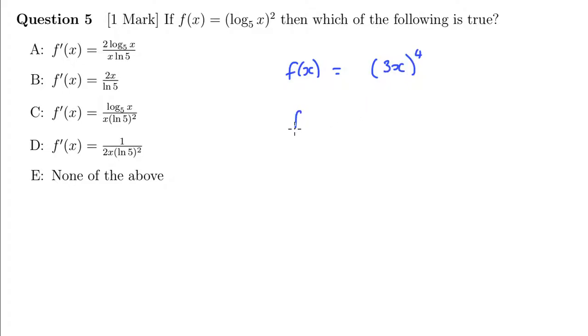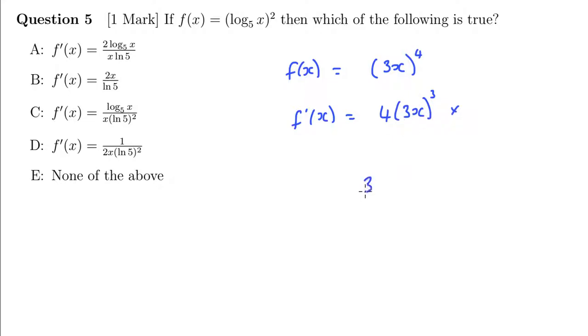Then the chain rule says that we pretend this thing here is an x and differentiate it as if it was an x. So we bring the power to the front and we take 1 off the power. But then you multiply by the differential, so the differentiated version of what you pretended was an x.